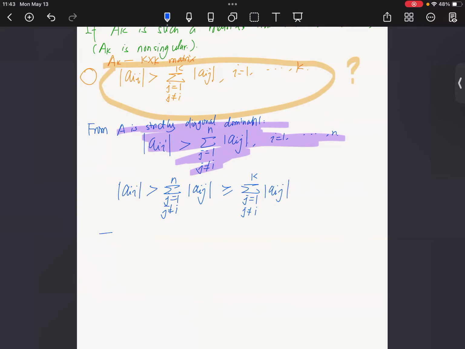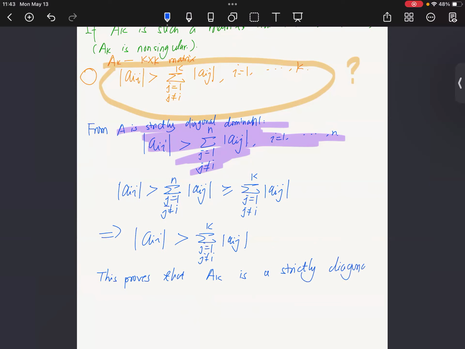So this proves what we want: |a_ii| is bigger than the sum over j equals 1 to k, j not equal to i, of |a_ij|. And this proves that A_k is strictly diagonally dominant.